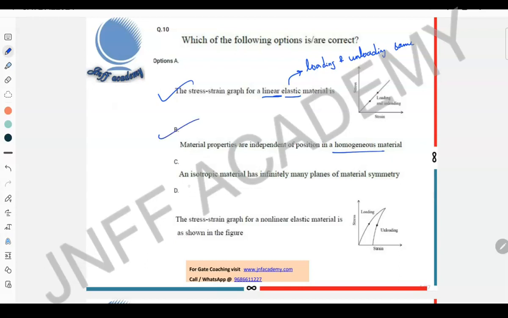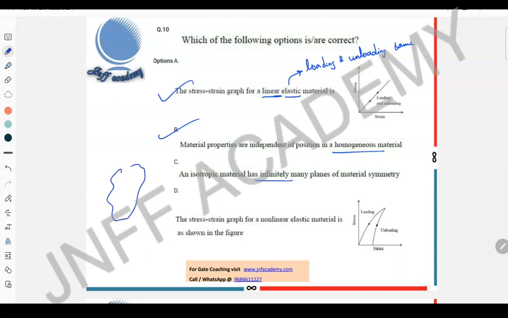Then the next, third option. An isotropic material has infinitely many planes of material property symmetry. At the time of three-dimensional Hooke's law for different materials, I told about isotropic. Isotropic means the material properties will be the same in every direction, so that it has an infinite number of planes of material property symmetry.